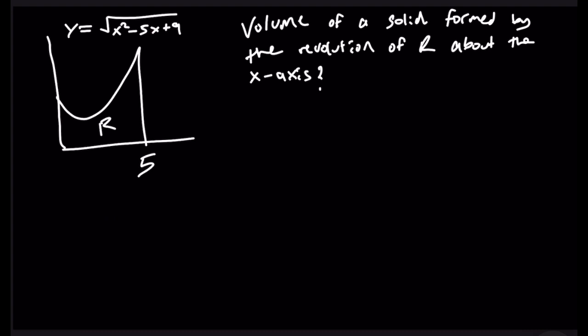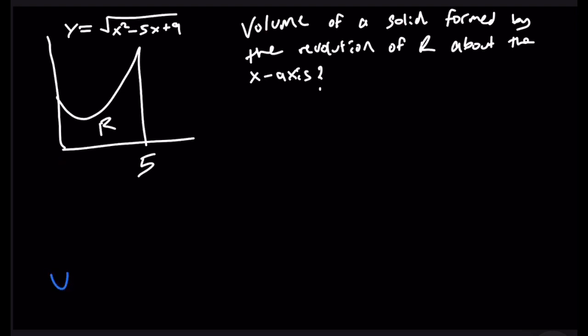Alright, next up, we have the volume of a solid formed by the revolution of R about the x-axis. So this is a disk and washer problem. And our y is going to be the square root of x squared minus 5x plus 9. So our setup here is we know it's going to go from 0 to 5.